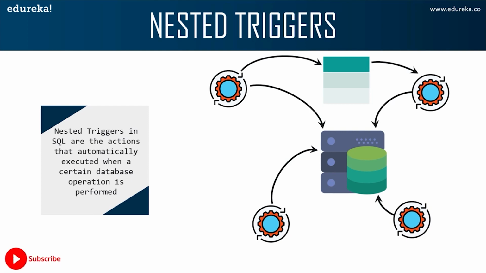Continuing from the earlier scenario, Anna sent an email for every new customer that was added to the company's database. Now, what if she wishes to keep track of the number of customers to whom the email was sent? Anna needs to create a nested trigger to keep track of the count along with sending an email. Doesn't it sound simple? So that was all about the syntax of a trigger.